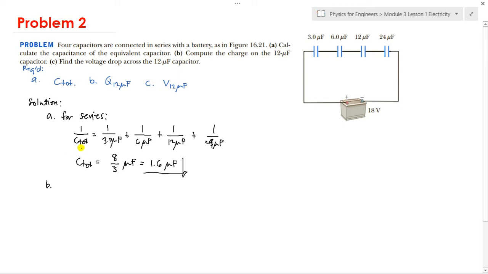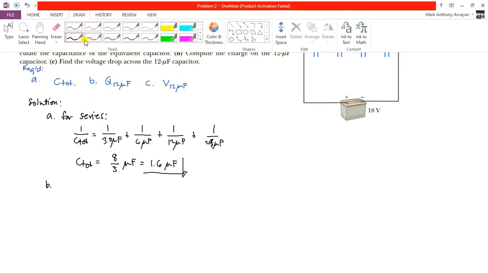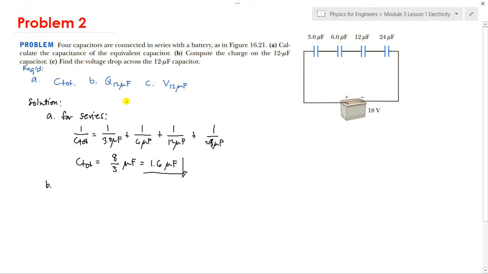Since they are in series, we look for the total charge. The total charge is just equal to the individual charges for each capacitor. So we have here Q total is equal to Q at 12 microfarad, which is equal to the total capacitance times the voltage source, that is 18 volts.